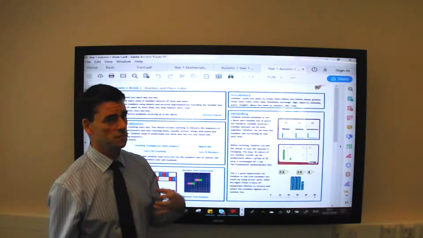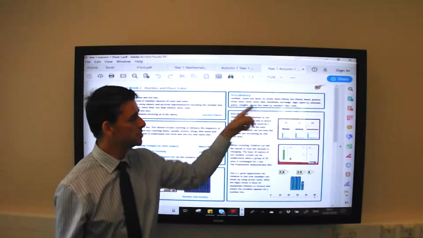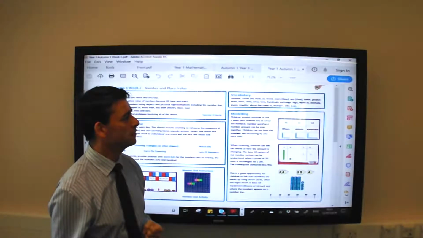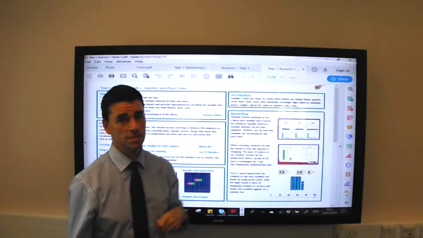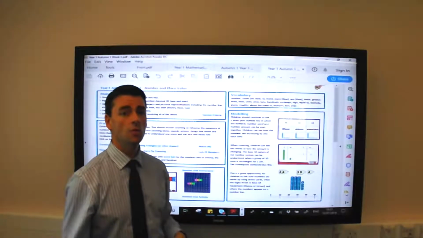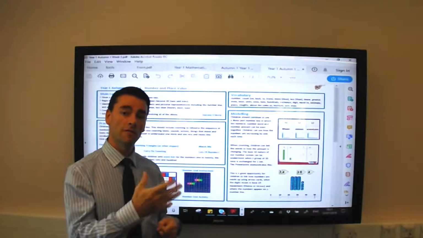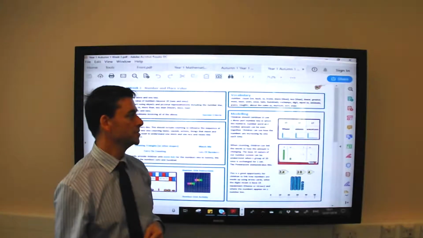So it's useful to identify which of these words are crucial and new for this unit of work. So it might be words like digit or exchange, where children are having to exchange 10 ones for a 10, and vice versa, a 10 stick, like one of these here, for 10 ones.